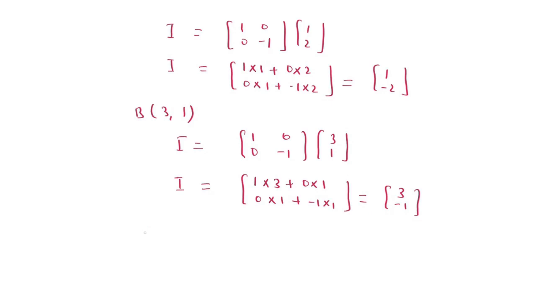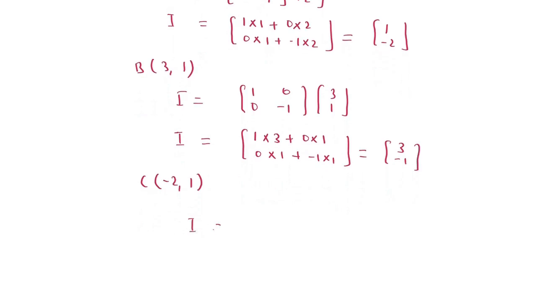Our next point is point C (-2, 1). So the image is going to be [1, 0; 0, -1] times [-2, 1].